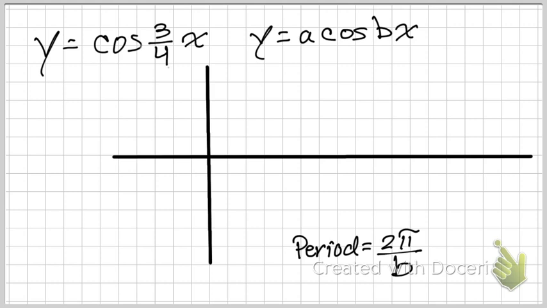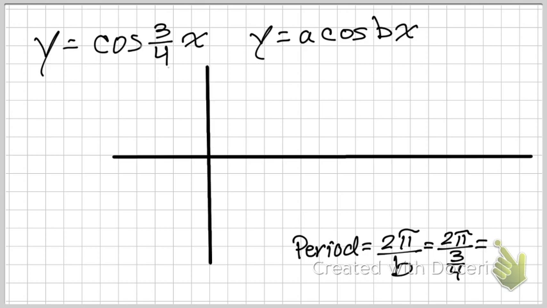So my period for this one is 2 pi over 3/4. A lot of students have problems with these fractions. You've got to figure this out. This is going back to elementary school, and you're not remembering your fractions, and maybe depending upon a calculator too much over the years.